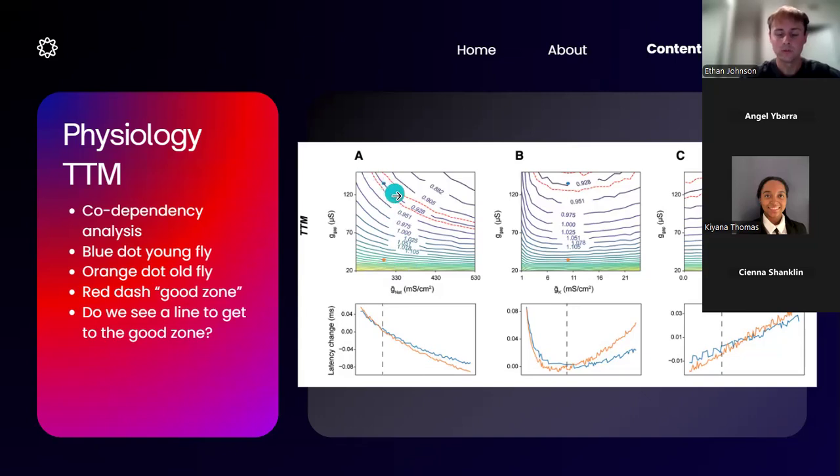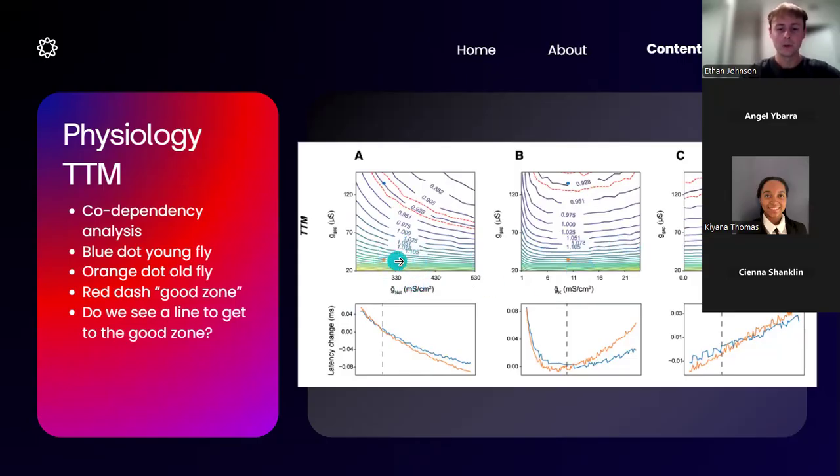And into this red dashed boundary zone, which is kind of like our good zone that we're trying to get into so that we can say, okay, is there any parameter that we could change that could restore this quick latency from old fruit flies so that they could have this young response latency? So now that's kind of like a lot to wrap your head around. Or, me too. So in this first plot, in all three of these plots, spoiler, the answer is no.